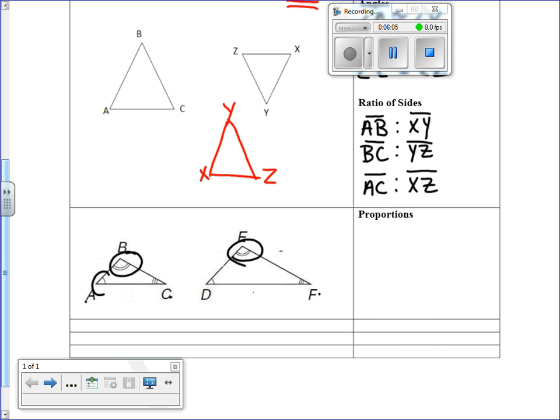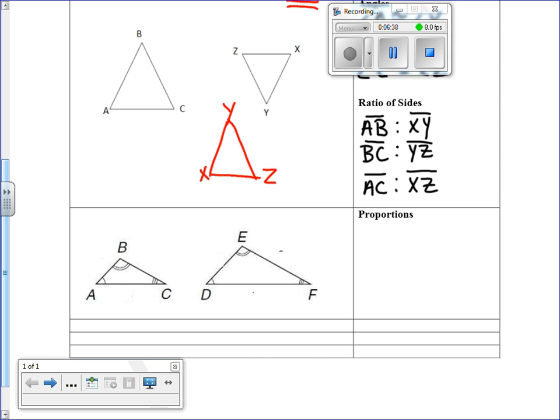Angle A is the same as angle D, and angle C is the same as angle F. That's what those lines and those corners mean. It means they're the exact same size. We're not worried about the measurement of those angles. You should know from 6th grade that a triangle has a total measurement of 180 degrees, and we'll talk about that more. But all we need to know now is that A and D are congruent, B and E are congruent, and C and F are congruent.